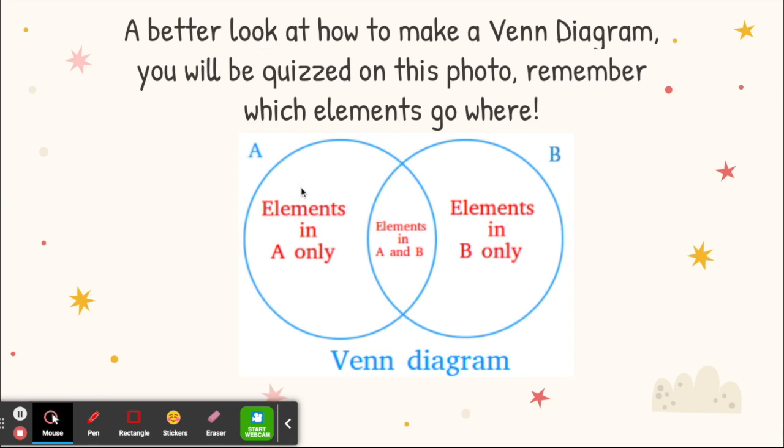Here we know that only the elements in A come right here, and elements in B only will be placed right here, in the outside of their own part of the circle. And then in the middle, it'll be elements in A and B. So make sure you take a good look at this because you're going to be quizzed on it, but we will go over it in class when we see each other again.